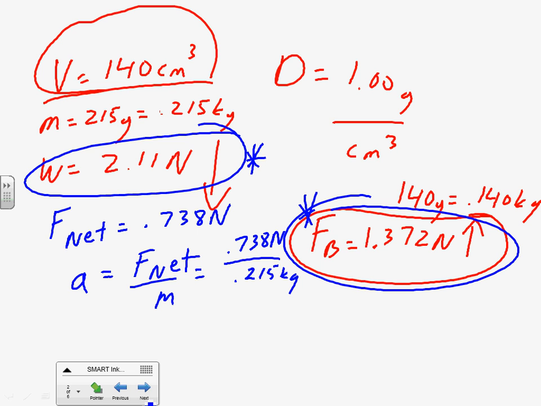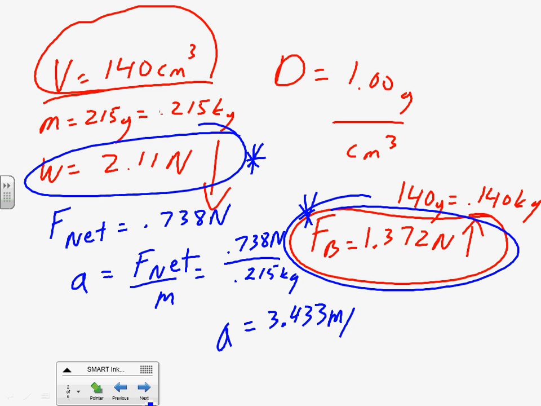So we're going to go 0.738 divided by 0.215, and we're going to end up with an acceleration of 3.43. Actually, on this problem, we need 4 significant digits, so 3.433. Our units are going to be meters per second squared.